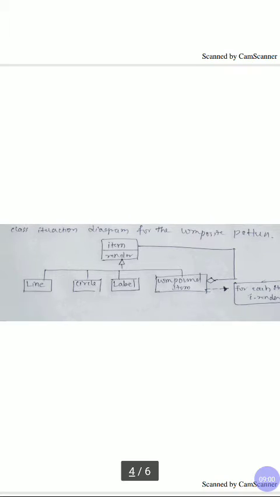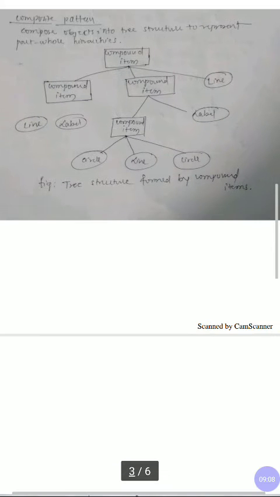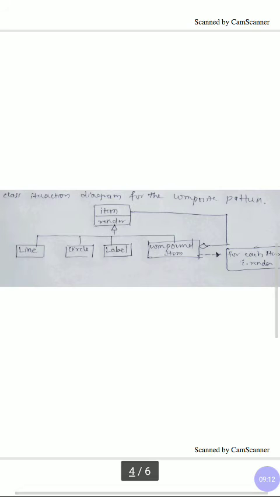You see here, next is the class interaction diagram for the composite pattern. This is an alternative view of the tree structure formed by the compound items. Here you see item is there. Under item I am going to have the subsystems, line, circle, label, and compound item.